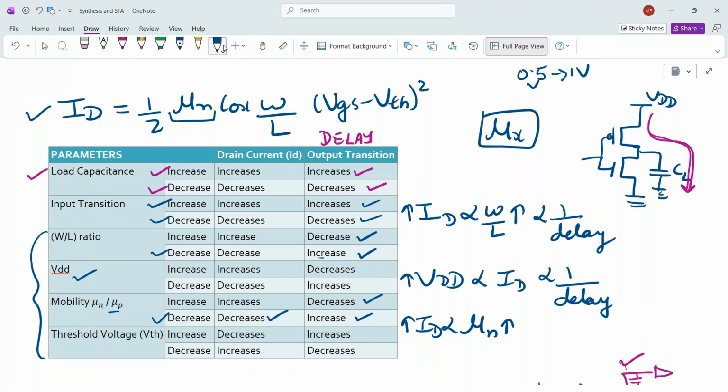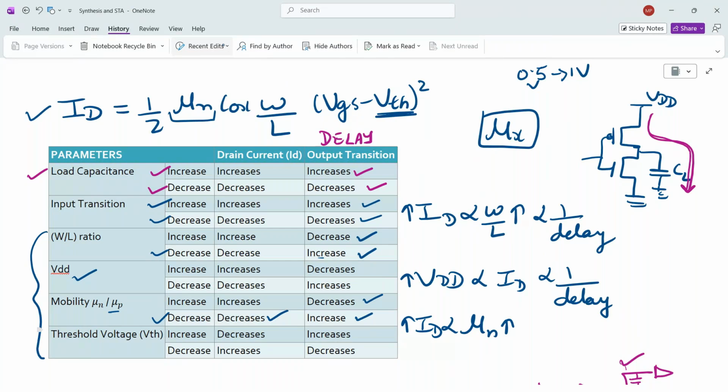Now next is VTH, the threshold voltage. Threshold voltage is the minimum required voltage to turn on any component. Here the threshold voltage is getting subtracted from VGS. So if I increase this threshold voltage, what will happen to my ID? Since a larger value is getting subtracted from VGS, my ID will decrease.